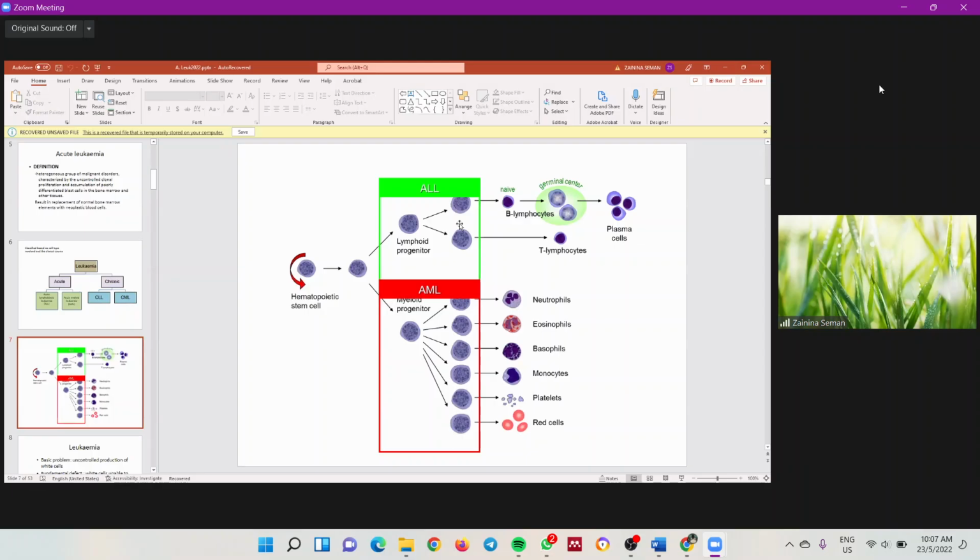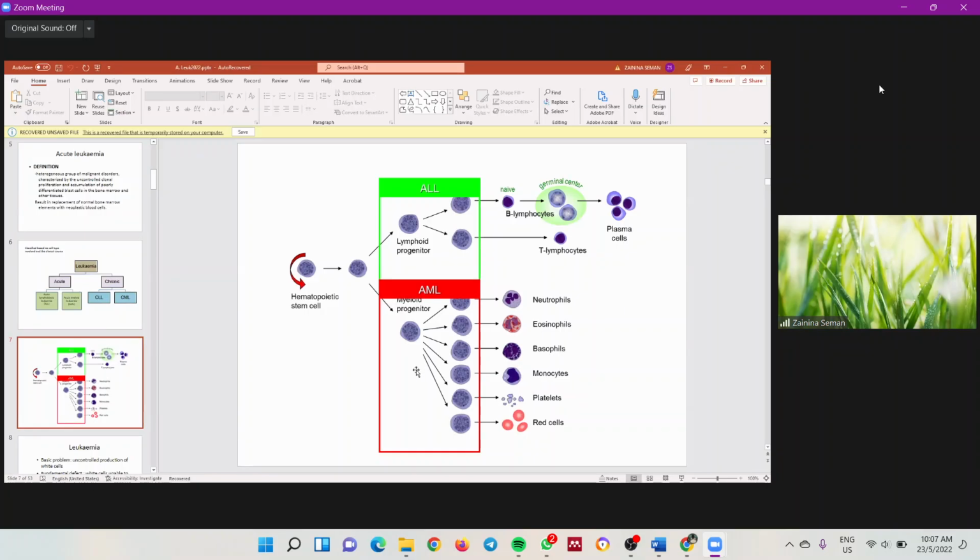The cells are arrested here and keep dividing, lymphoblast 2, lymphoblast 4, 6, 8, exponentially in the bone marrow, and the lymphoblasts fail to mature. So you won't see normal lymphocytes anymore in the bone marrow as well as in the peripheral blood.